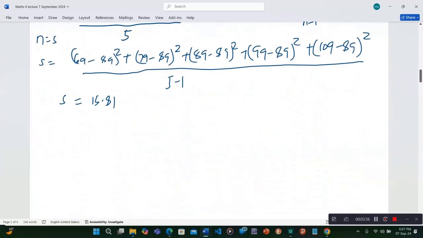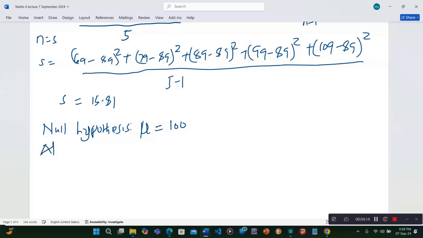So we start with the null hypothesis. The null hypothesis is saying the mean of the population, which is mu, must equal 100. But the alternative hypothesis, remember this is H naught, the alternative hypothesis, which is H1, is that the mean is lower.